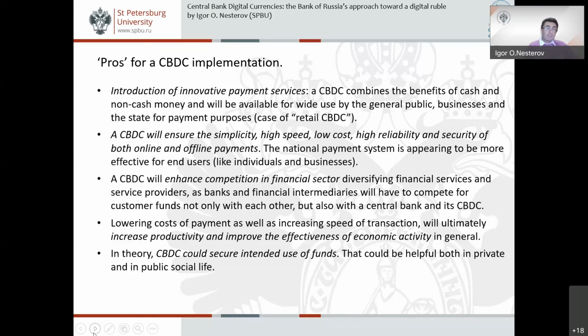And one more interesting fact about CBDC: in theory, it could secure the intended use of funds. That could be quite helpful both in private and public social life. What does it mean? For example, parents are ready to support their child financially.